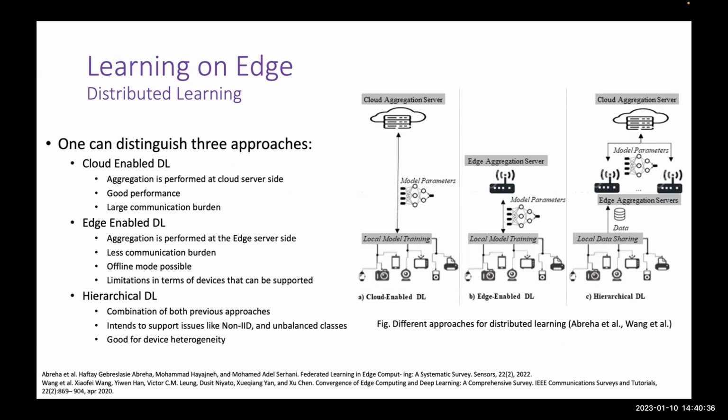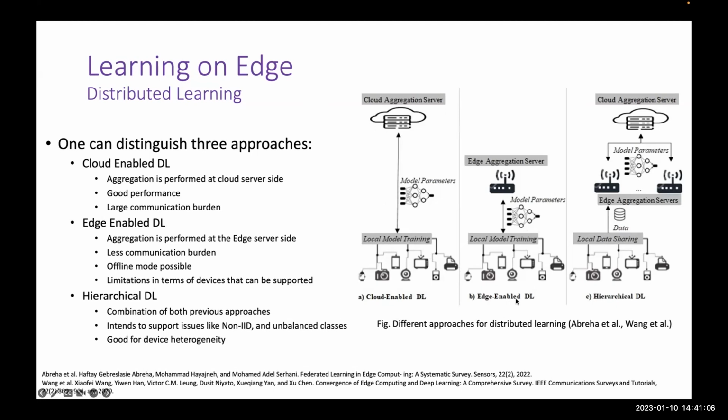So we can distinguish three approaches for this distributed learning. You have the cloud-enabled distributed learning, the edge-enabled distributed learning, and then the hierarchical distributed learning. The cloud one is basically the classical thing that we are discussing, and I believe this was the topic this morning. Your devices do small things, and then they share with the cloud, which aggregates and sends back the result.